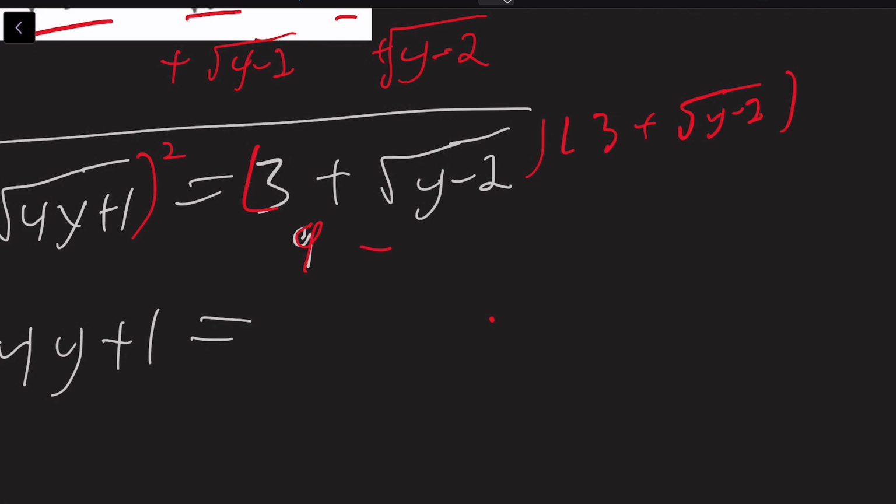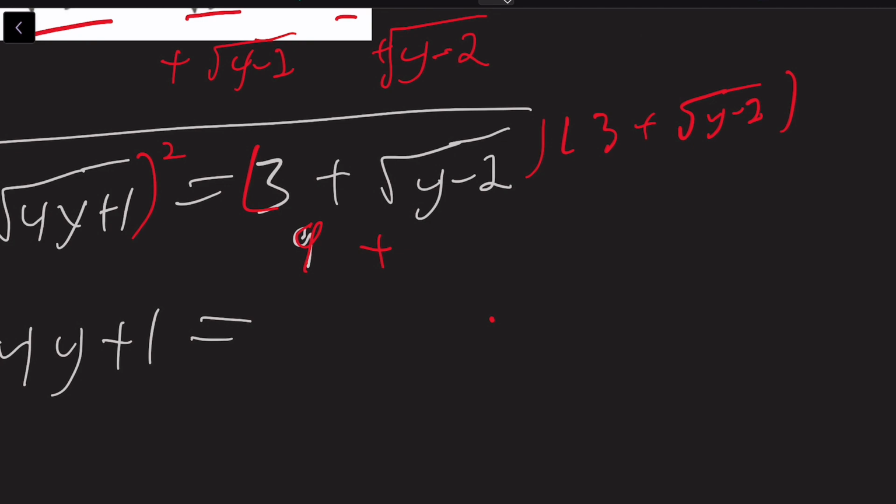9 plus 3 times square root of y minus 2 is going to be 3 square root of y minus 2. And because we have the same thing on the inside and the outside, that means it's going to be 3 plus 3 square root of y minus 2 plus 3 times square root of y minus 2.